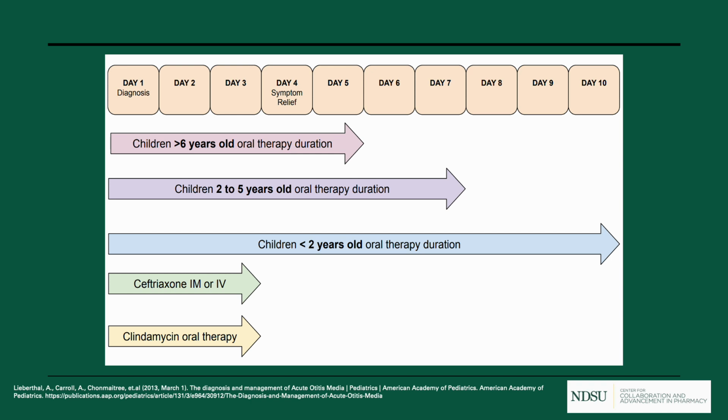As you can see here, children under the age of 2 years old are recommended to be on the oral antibiotic therapy for a full 10-day course. It is recommended that children between the ages of 2 and 5 are on oral therapy for a 7-day course, and then children older than 6 years old have the recommendation of being on oral therapies from 5 to 7 days, but 5 being that minimum.